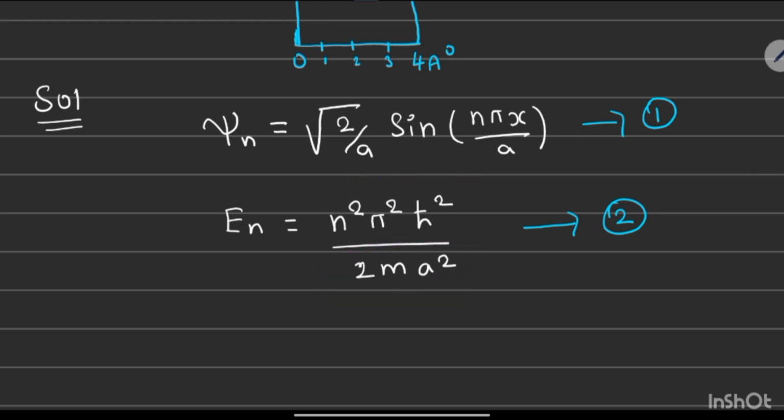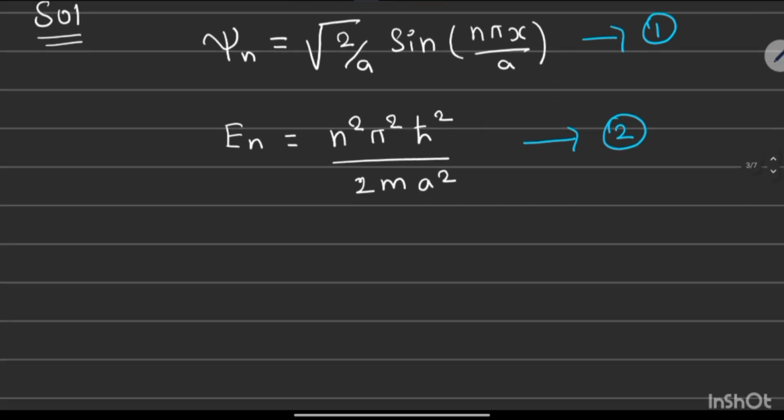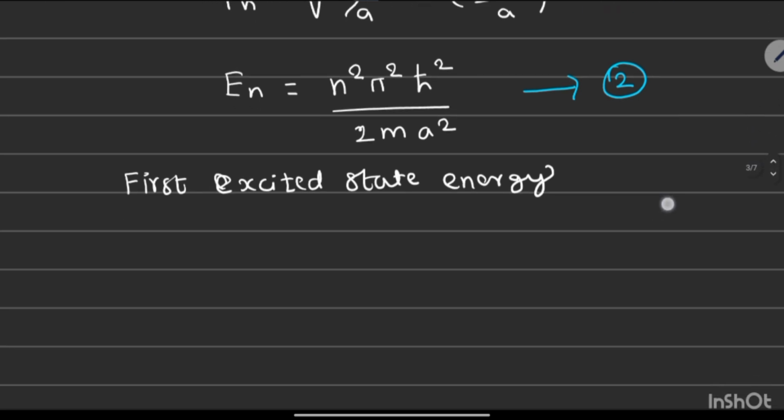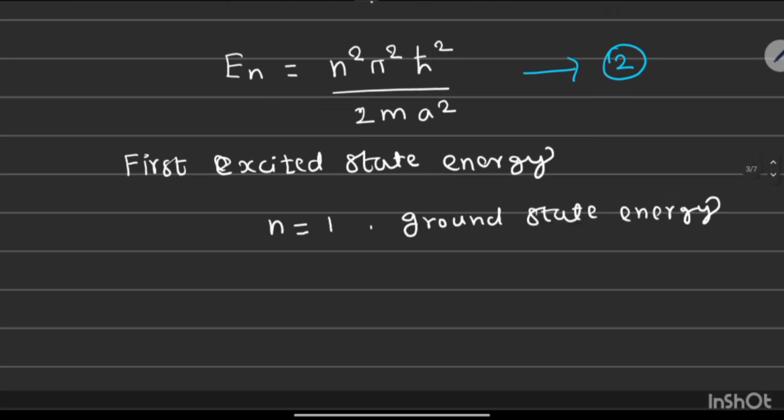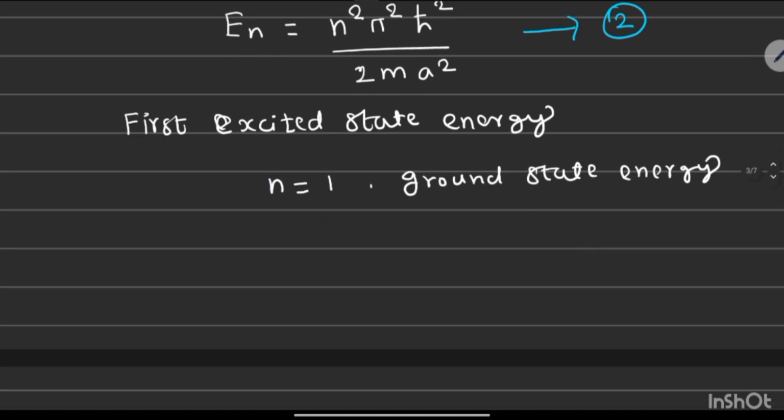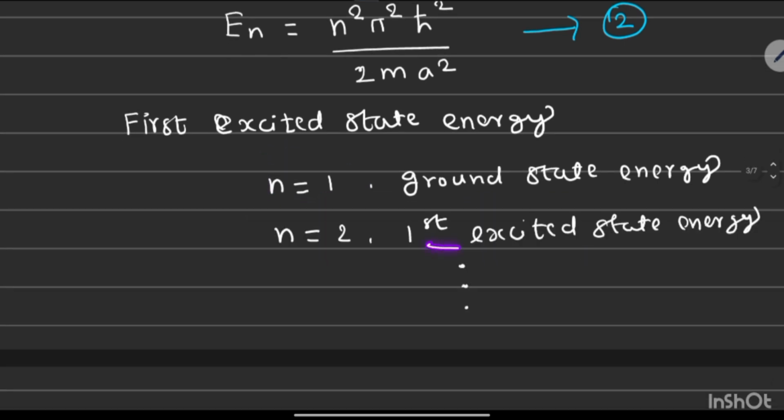Here h is Planck's constant, and h-bar is the reduced Planck's constant, which is h by 2 pi. What is asked is the first excited state energy. n equal to 1 corresponds to the ground state energy, and n equal to 2 corresponds to the first excited state energy. We should not start with n equal to 0; we have to start from n equal to 1.